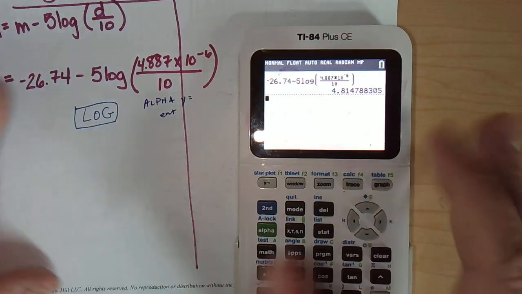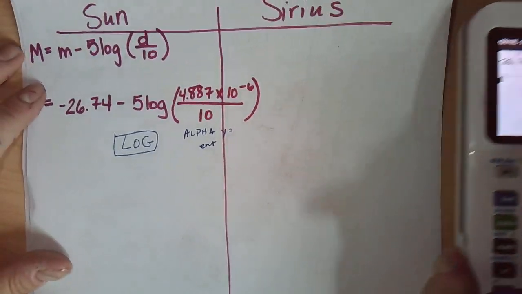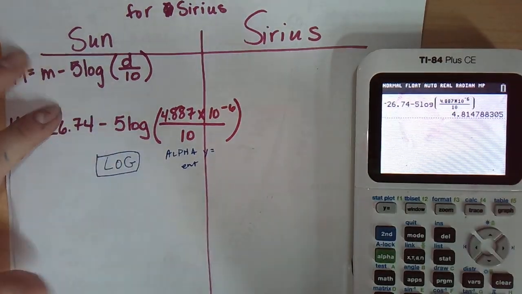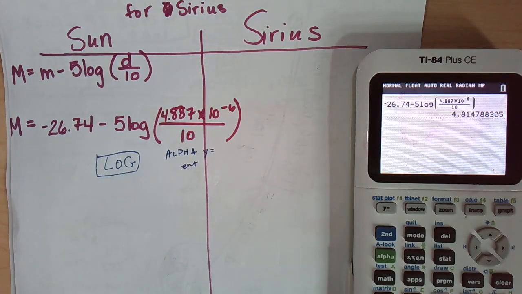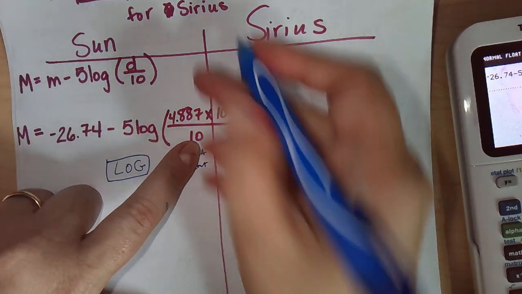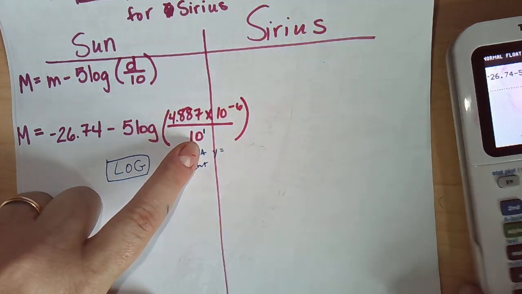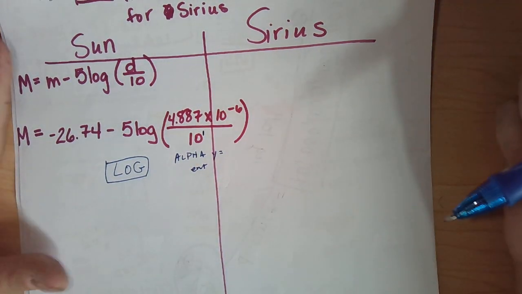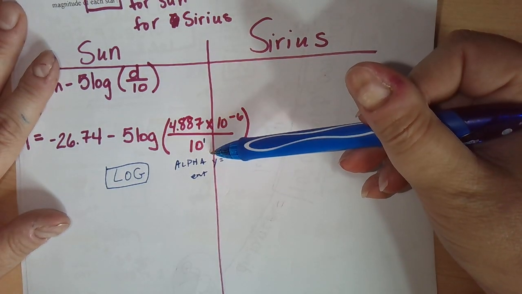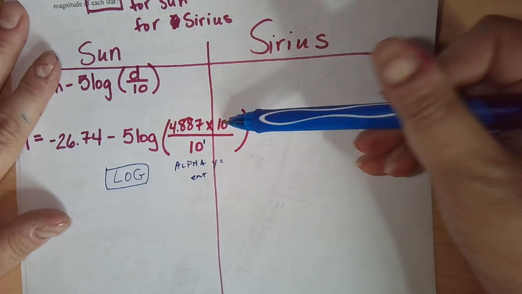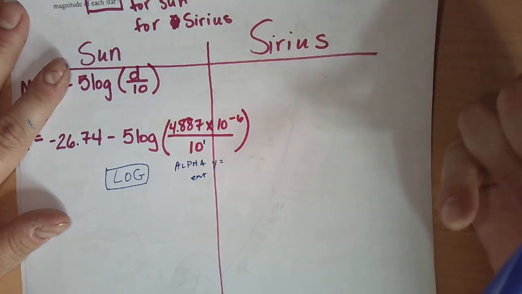Okay, let's see if we get that same answer using actual math. First off, one thing you might have forgotten from when you were a kid is that this 10 is a 10 to the 1. When we divide the same bases, see how I have a big fat 10, big fat 10?